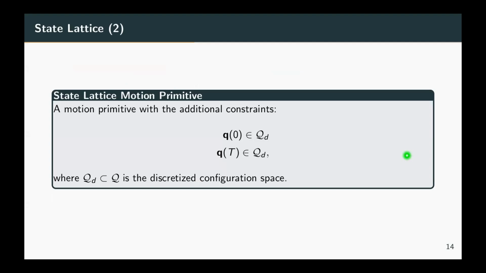That basically means that for the state lattice motion primitives, we have additional constraints. In particular, we define a subset of our configuration space that is discretized. And then we need constraints that the first configuration is really an element in this discretized configuration space. And the same holds true for the last element.